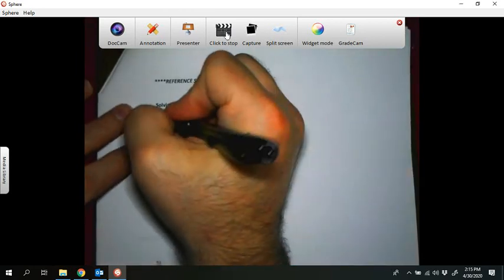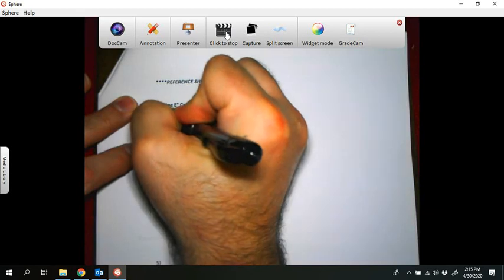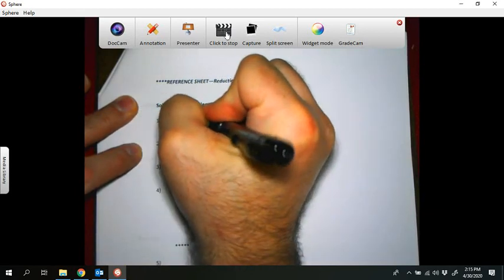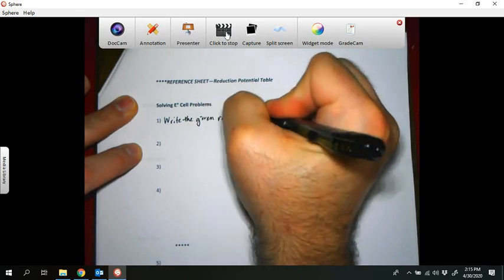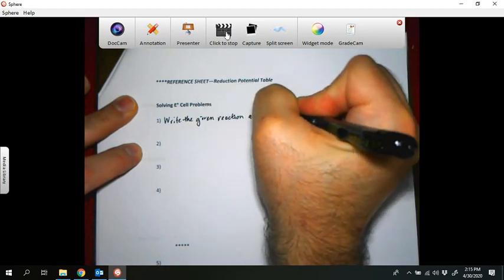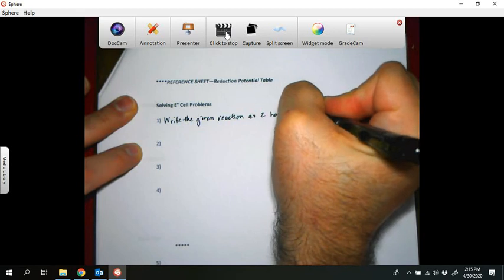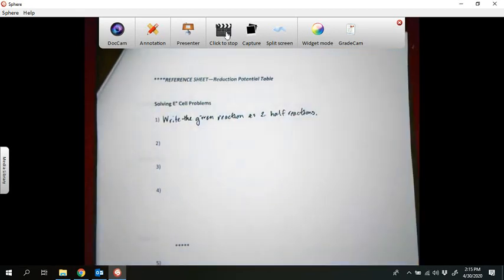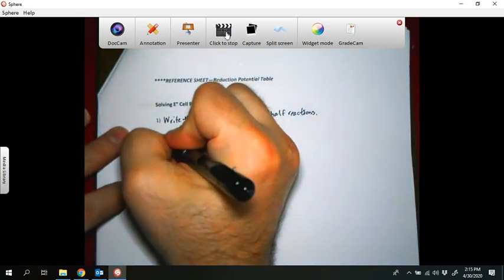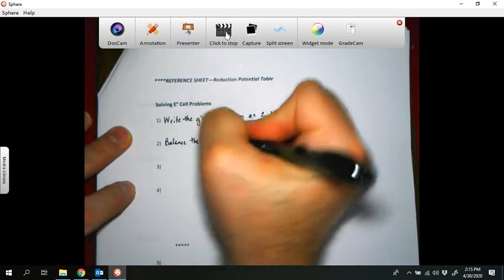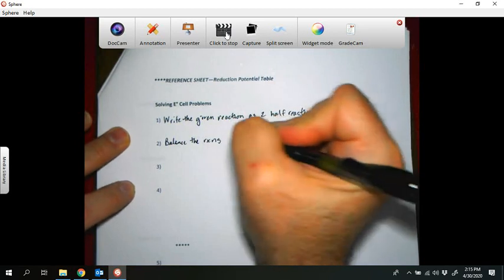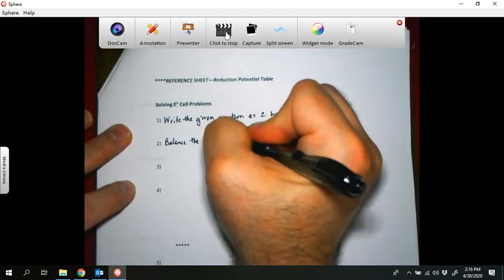The first thing we're going to do is write the given reaction as two half reactions. And we are going to balance the half reactions for the number of electrons.